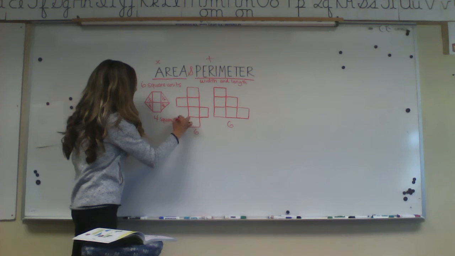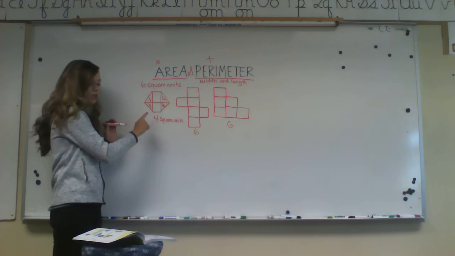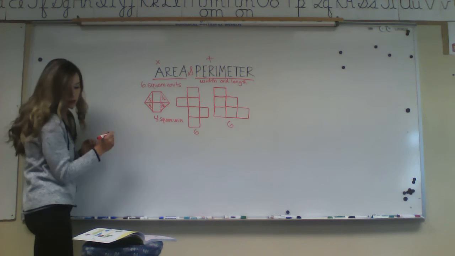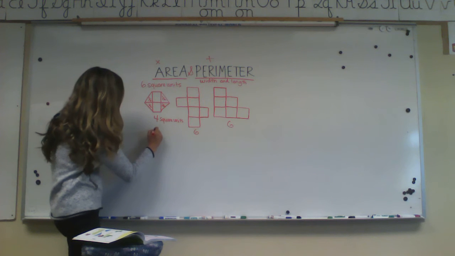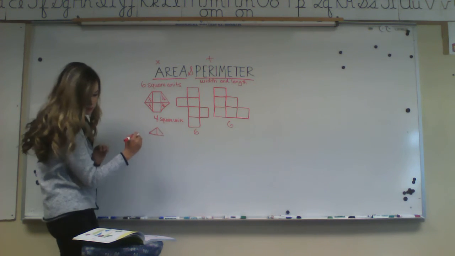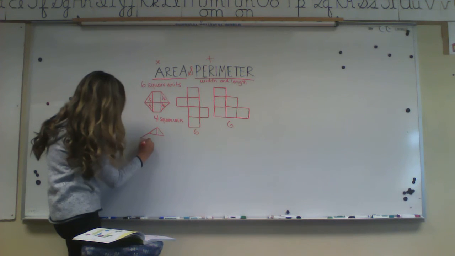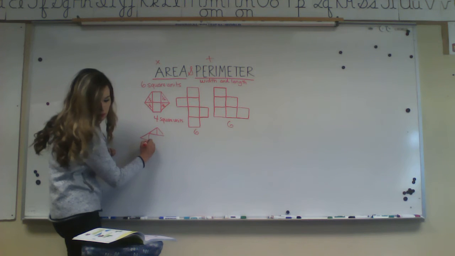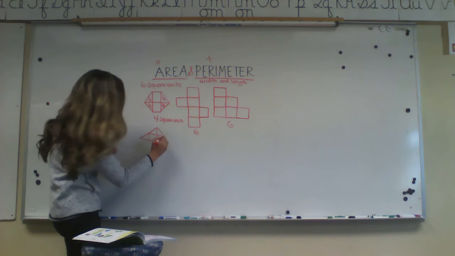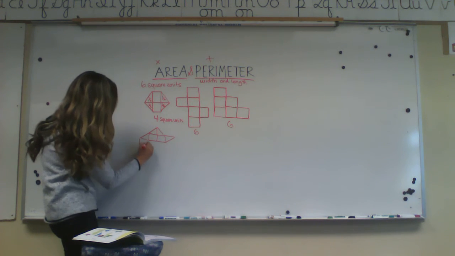So in your workbook, you'll see some of your shapes show half of a square unit. It might look something like this. One of your figures might have a little triangle, and then another triangle like here. And then it'll have a square and a square, and say another square down here.